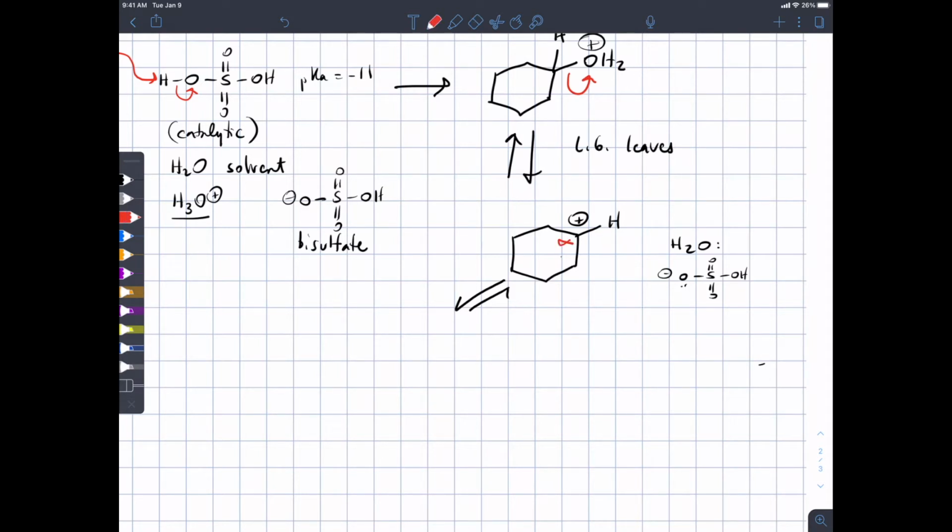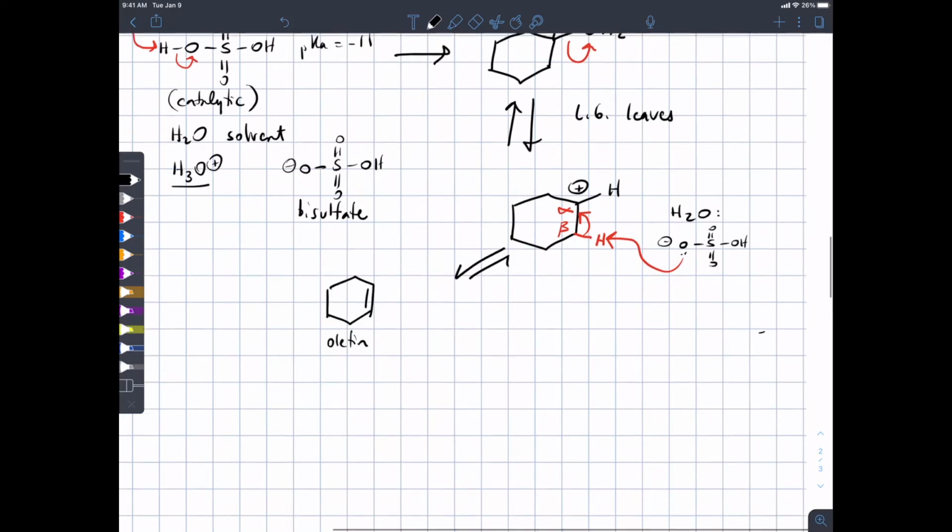Here's an alpha carbon, here's a beta carbon, there's a beta proton. You can use bisulfate or water as a base to remove the beta proton and generate the new alkene or olefin.